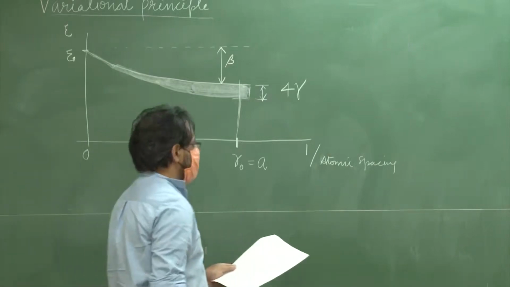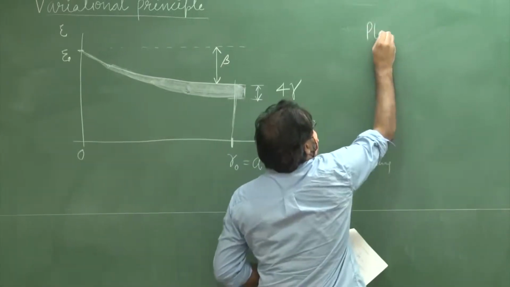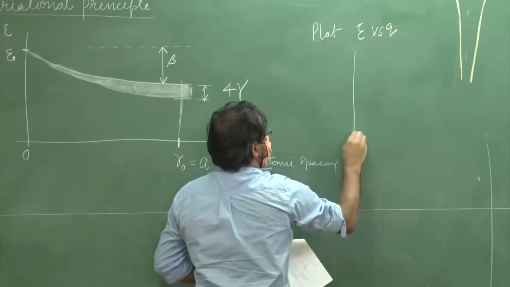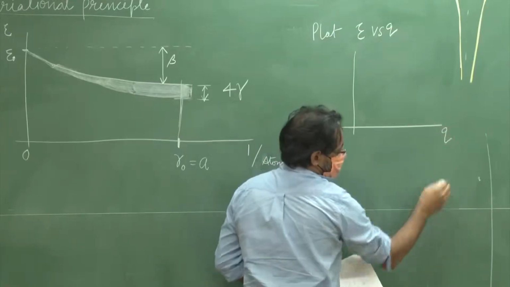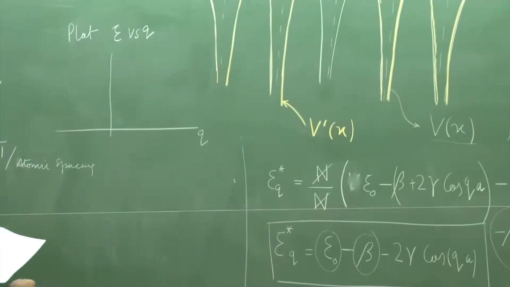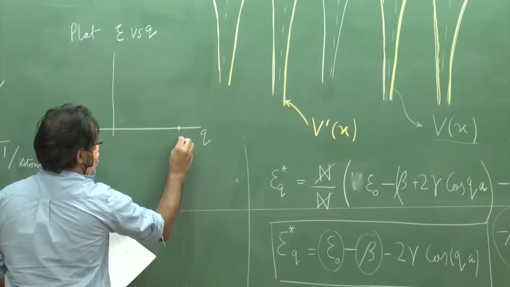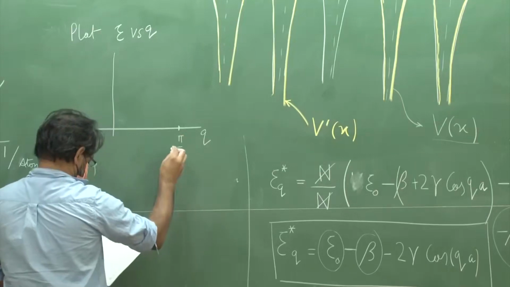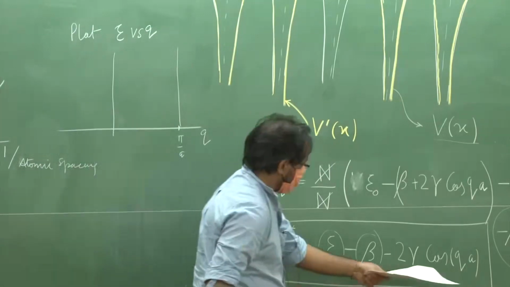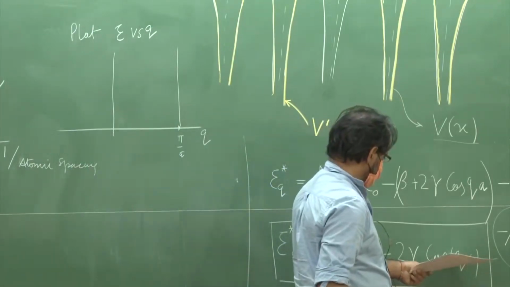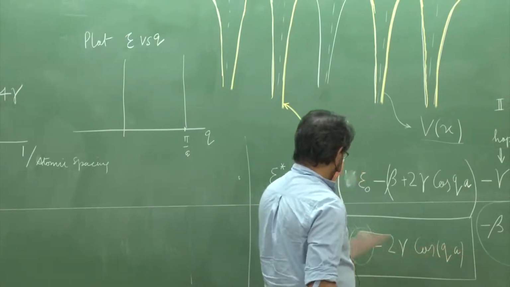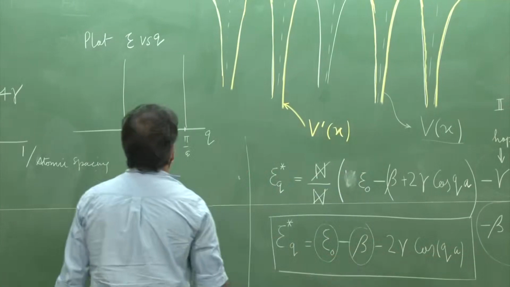Okay, and you can also plot E versus Q from here. So when Q is plus pi by A, what will this be? This number is cos pi. Cos pi is minus 1, I believe. So this will be E naught minus beta plus 2 gamma.